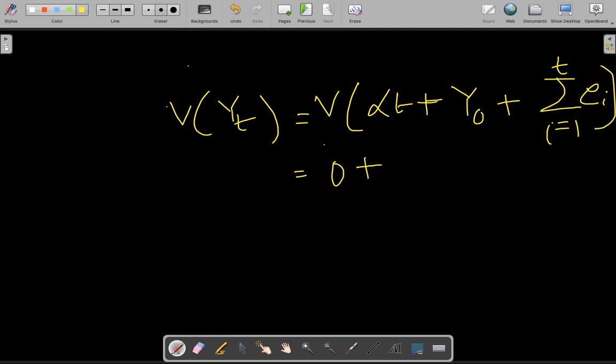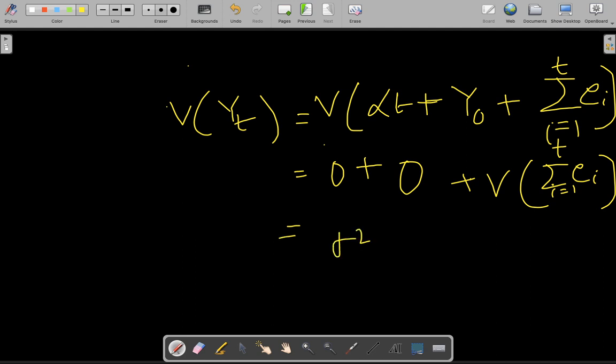This one is also 0. Since the error terms are IID, I will have the variance of the summation equal to t sigma square.